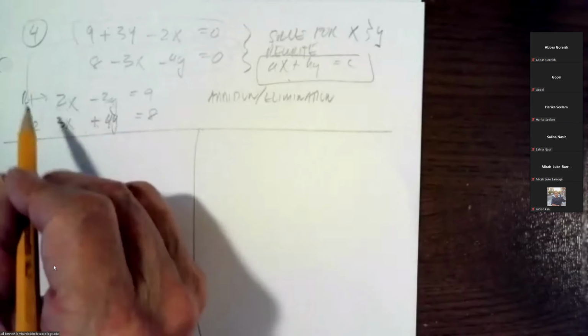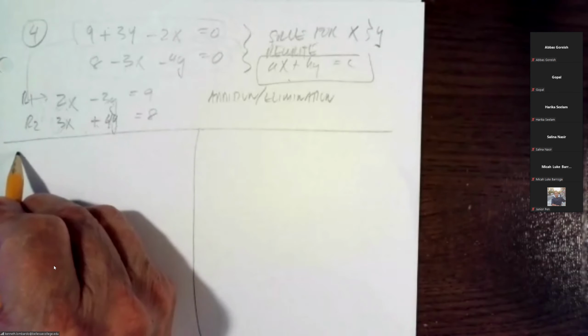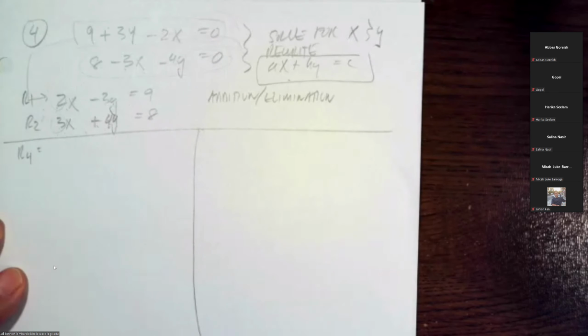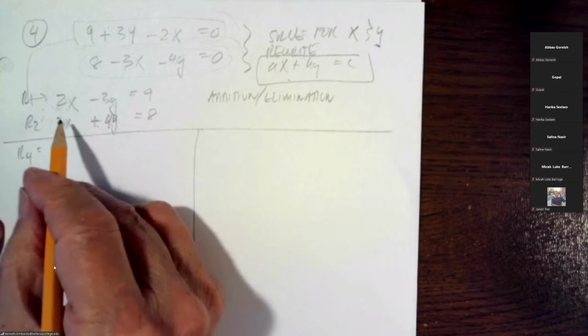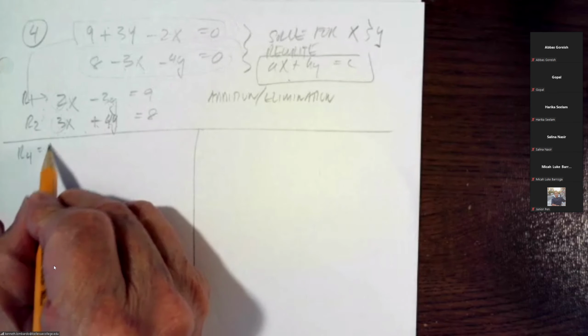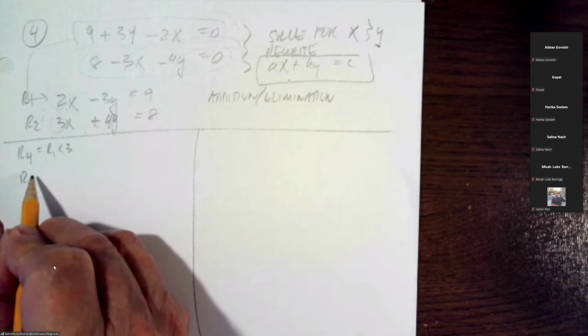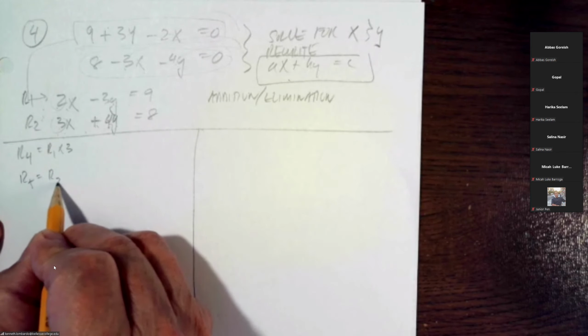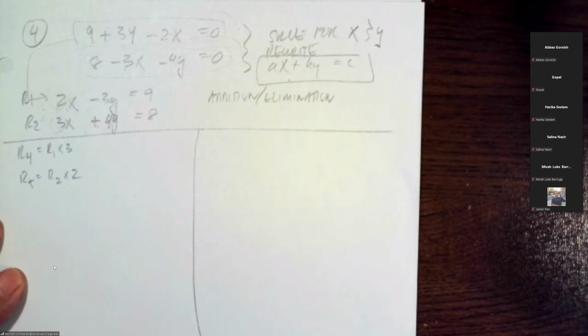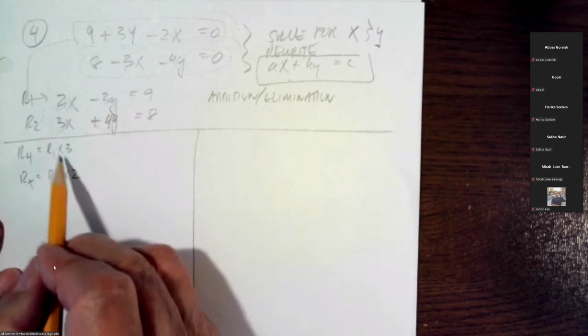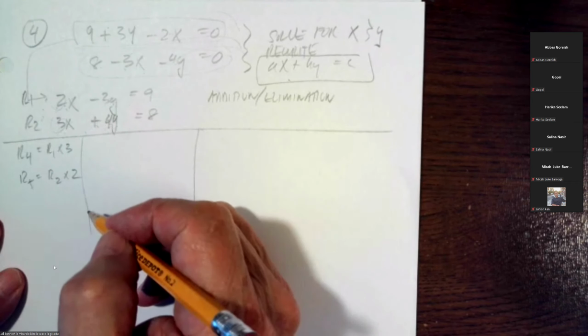So if we multiply row, I want to create row 4. And I'm going to say row 4 is going to be row 1 times 3, and row 5 is going to be row 2 times 2. So that should give me a 6 as a leading value here, shouldn't it?